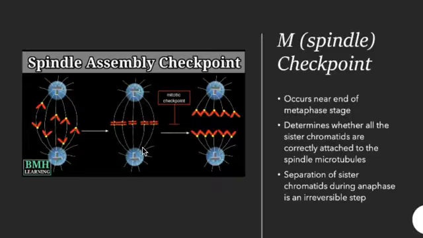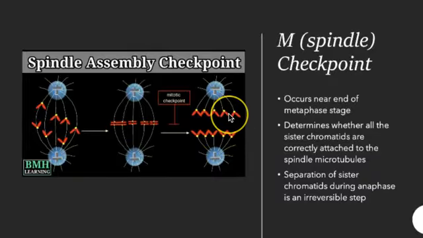The spindle fibers have to anchor correctly to the kinetochore, okay, that's the yellow dots that you see there, of each of our chromatids, and they must connect to both poles of the cell. And this will ensure that when the chromatids are pulled apart in anaphase, each daughter cell is going to get the right number of chromosomes.